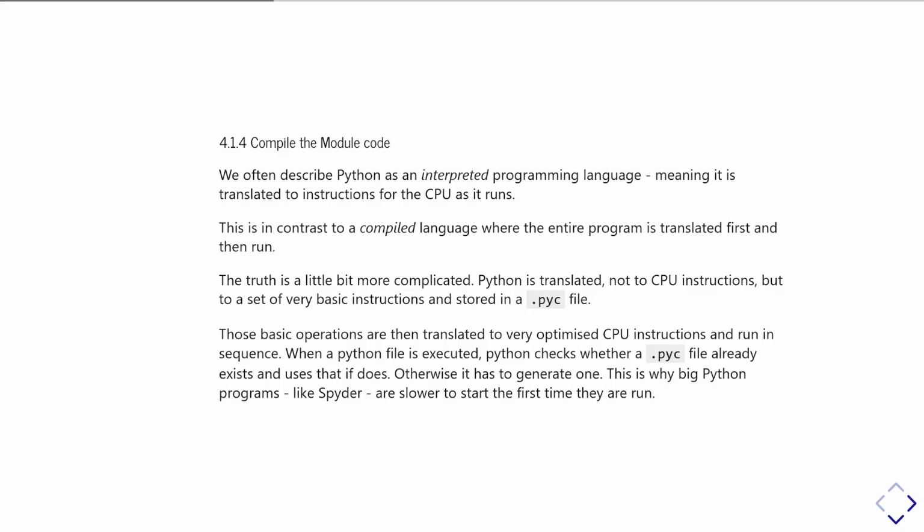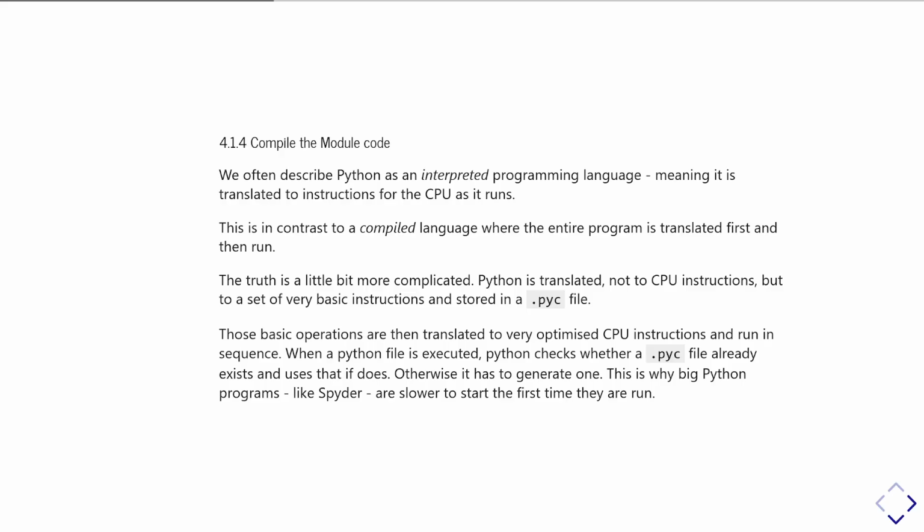What happens is Python is translated not into CPU instructions, but into a set of very basic instructions that do kind of straightforward, simple little atoms of operations, and then those are all stored into a .pyc file, which is where Python keeps its compiled code.